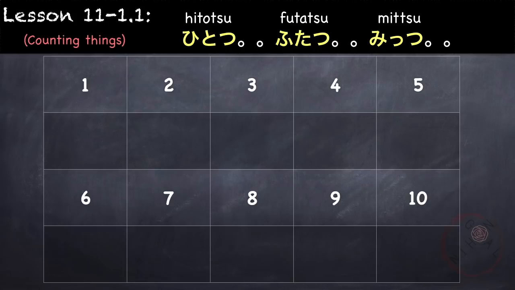When you count things in Japanese, we don't use the normal 1, 2, 3, 4.